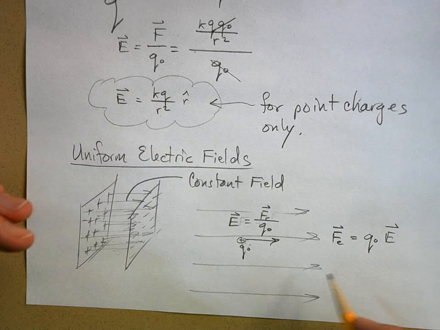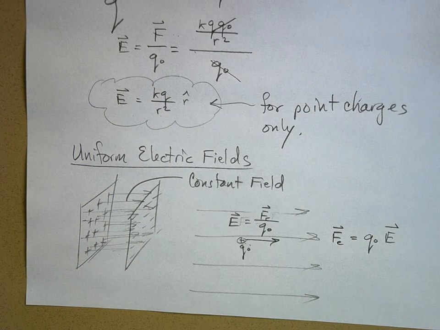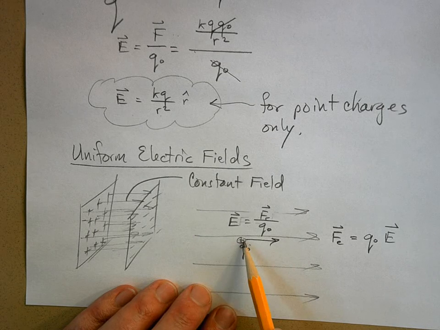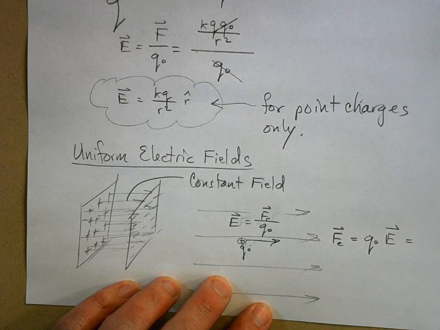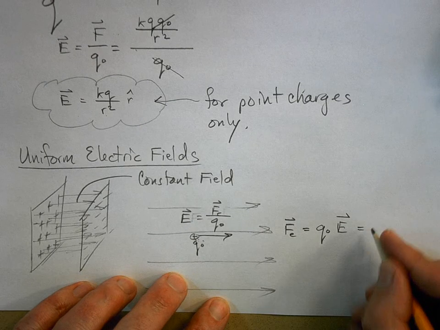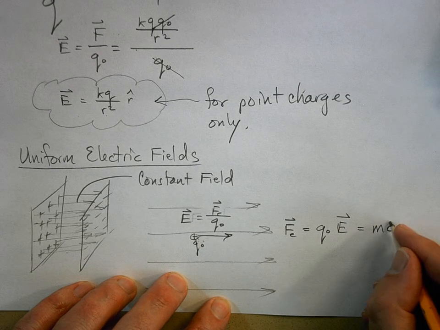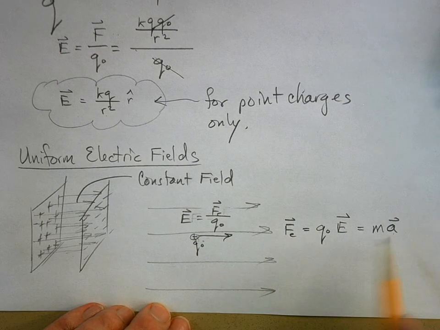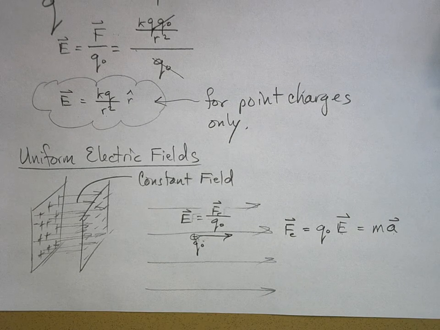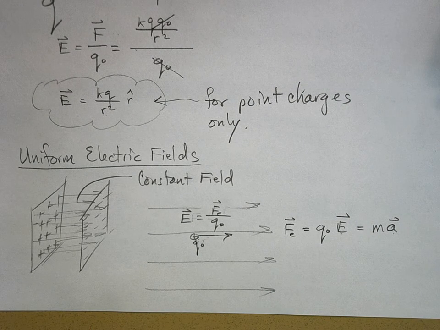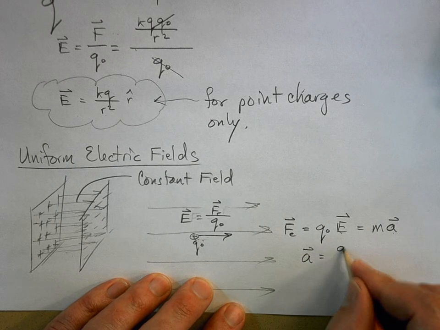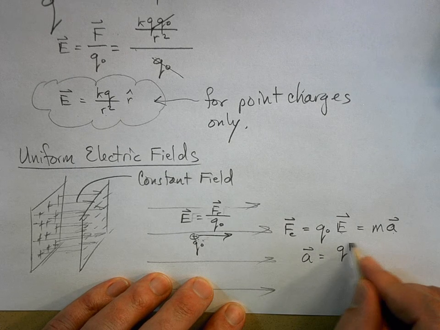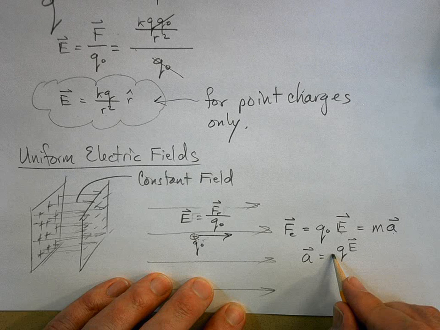Now, what if this is the net force acting on that charged particle? That's going to be equal to ma. And the acceleration will be in the same direction as the electric field. And so you can solve for the acceleration: take the charge of your particle, multiply that by the electric field, divide it by the mass.